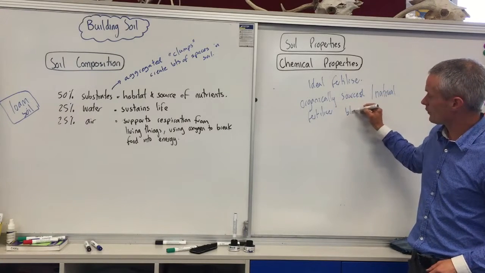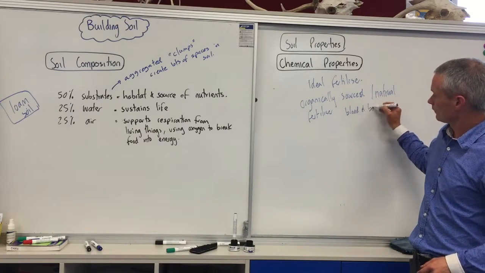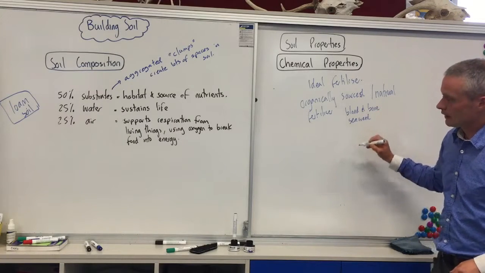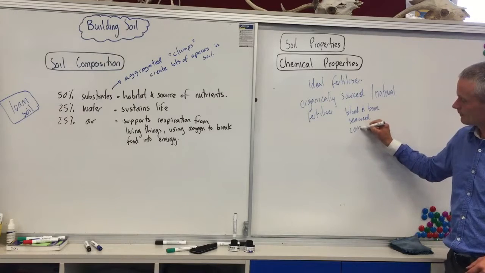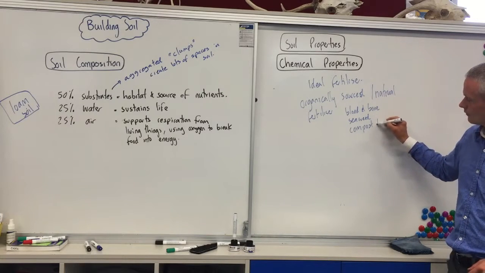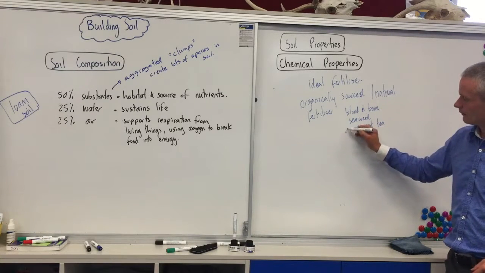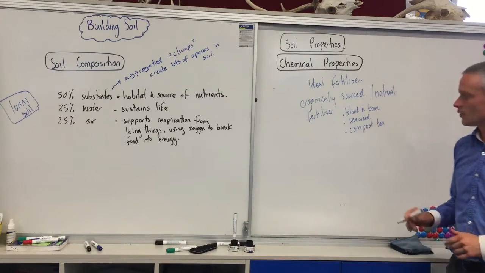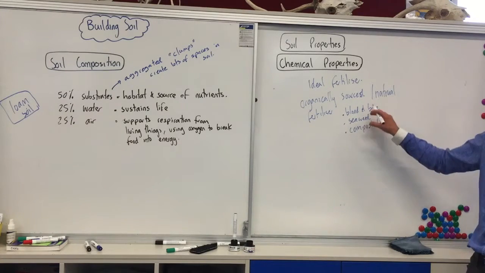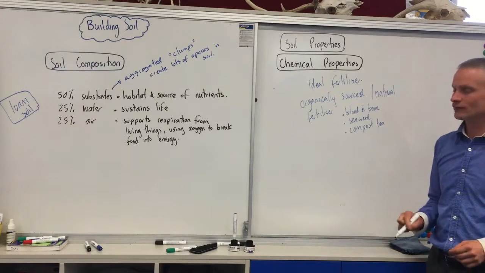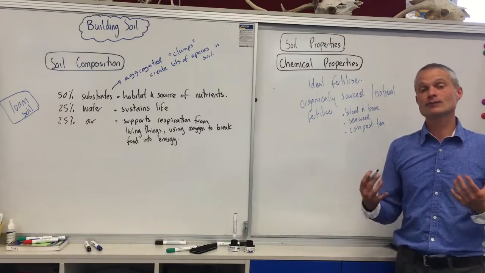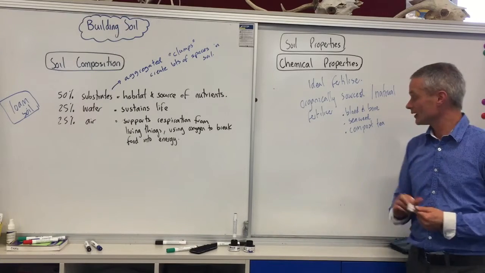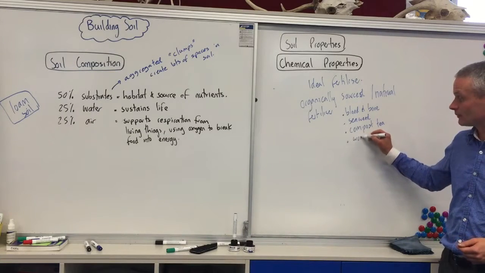Could be blood and bone, could be seaweed, could be compost tea, and that could have different recipes depending on what is available. But any of these organically, naturally sourced fertilizers are a good way to introduce a source of fertility to your soil. Worm peat, another good one.